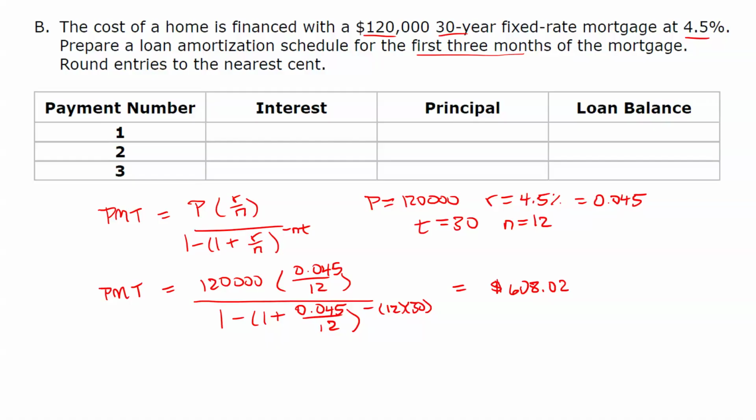Alrighty, so let's now find our interest, principal, and loan balance for the first 3 months. So first we'll find our interest. Let's do I equals PRT.